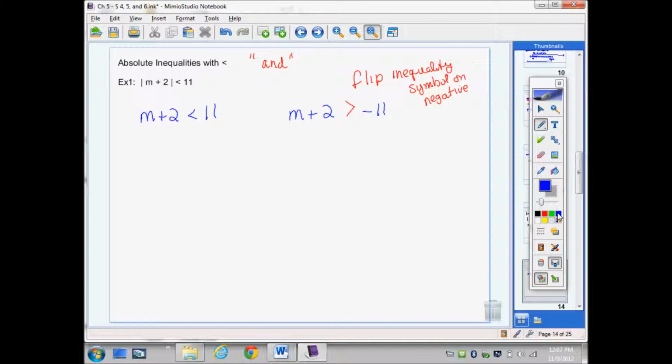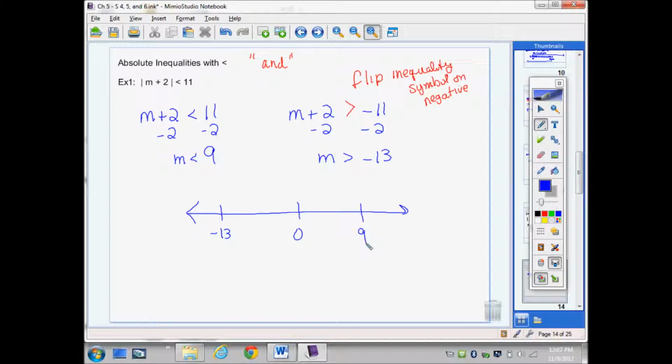Okay, and then we solve each of these separately. M is going to be less than 9. And m is going to be greater than negative 13. Negative 13's here, 0's here, 9 is there.